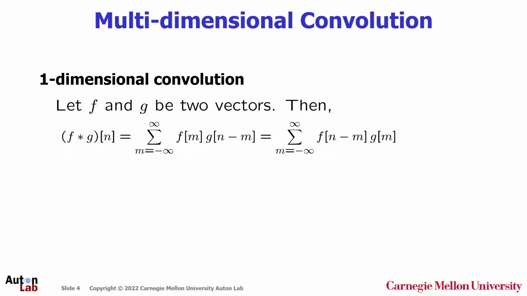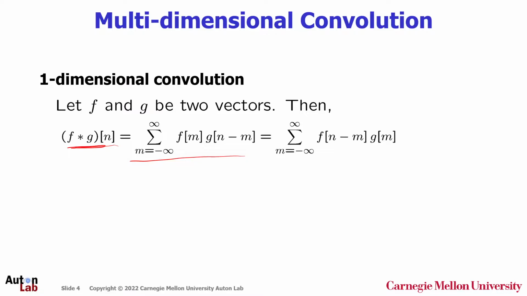If f and g were two vectors, then the definition of the one-dimensional convolution was this expression. When f and g are two functions, then this sum becomes an integral. We can generalize this concept to multidimensional vectors and functions, and then we call that multidimensional convolution.